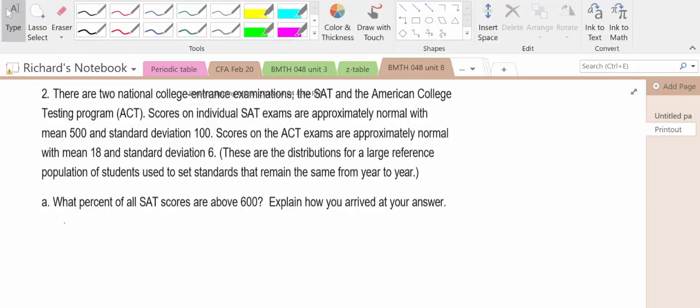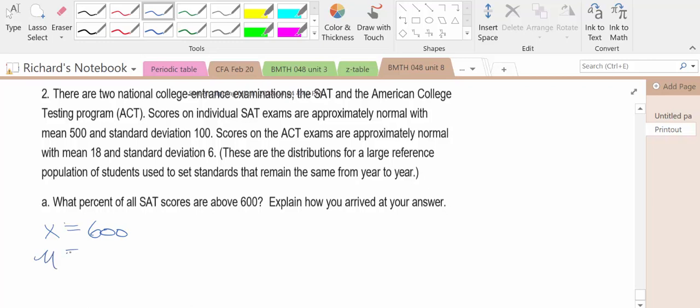Well, what I'm going to do is calculate a Z-score for the SAT scores with a value of 600. So here we go. My value is 600.